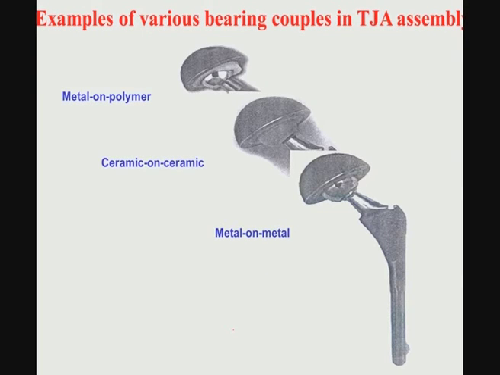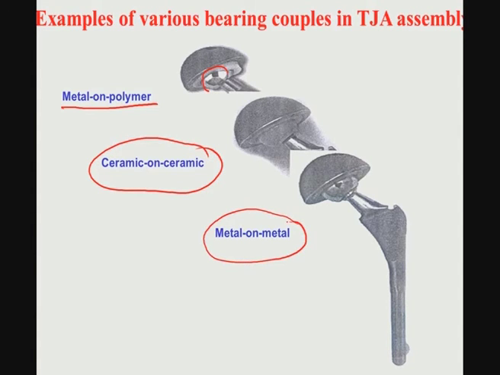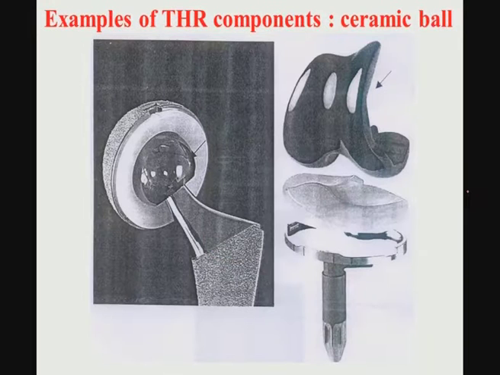The examples of different bearing couples in the total joint assembly, here we have given some examples like metal and polymer, where the metal is the femoral ball head and the polymer is the liner, and ceramic on ceramic, which is not that much used nowadays or rarely used because of their unreliable mechanical properties, and metal on metal, which has been traditionally used and manufactured by various orthopedic device manufacturing companies.